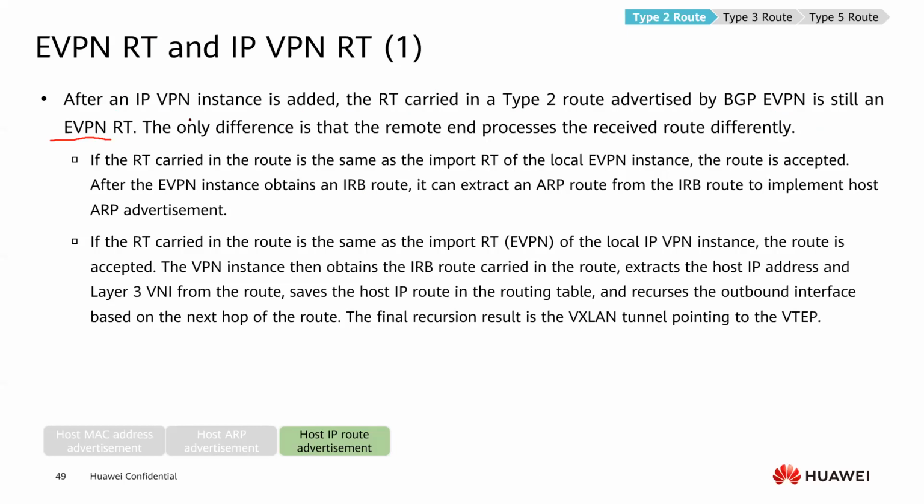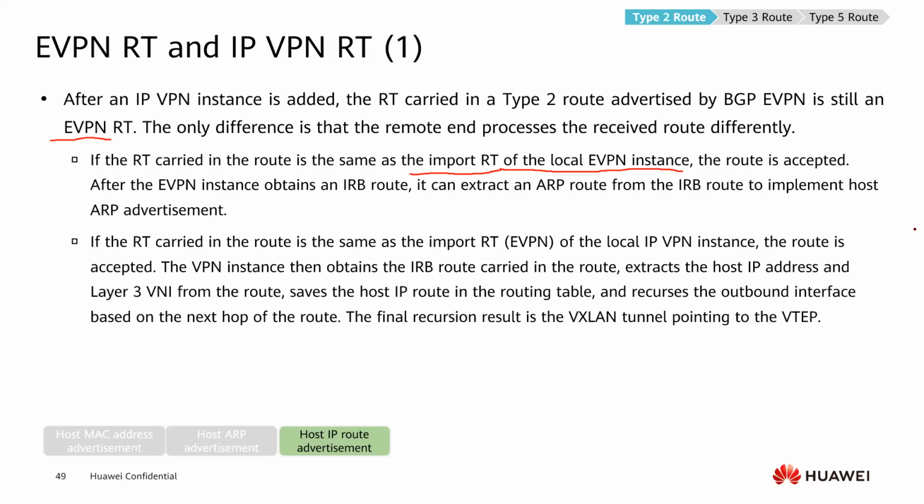The only difference is that the remote end processes the received route differently. If the RT carried in the route is the same as the import RT of the local EVPN instance, the route is accepted. After the EVPN instance accepts the route, it can extract an ARP route from the route to implement host ARP advertisement.